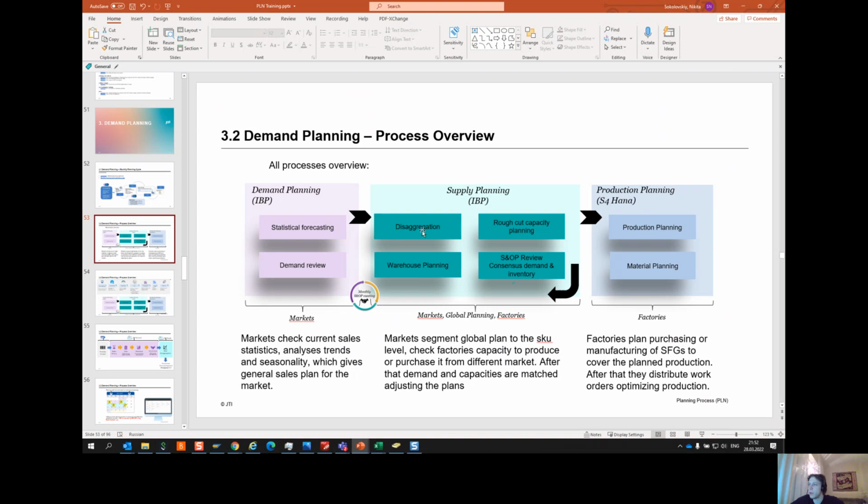In two words, disaggregation is breaking down the demand for a product to particular SKUs, so to particular SAP materials.